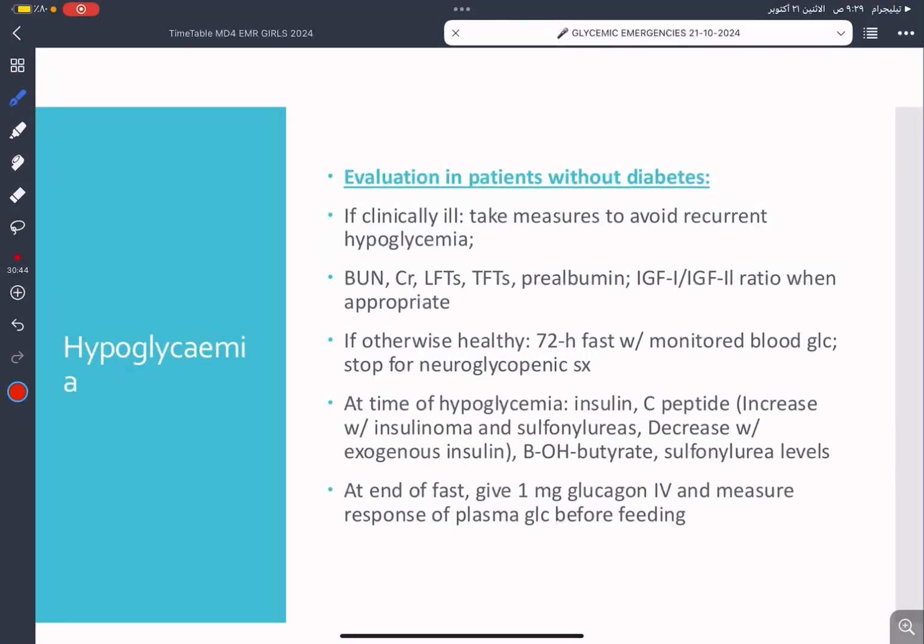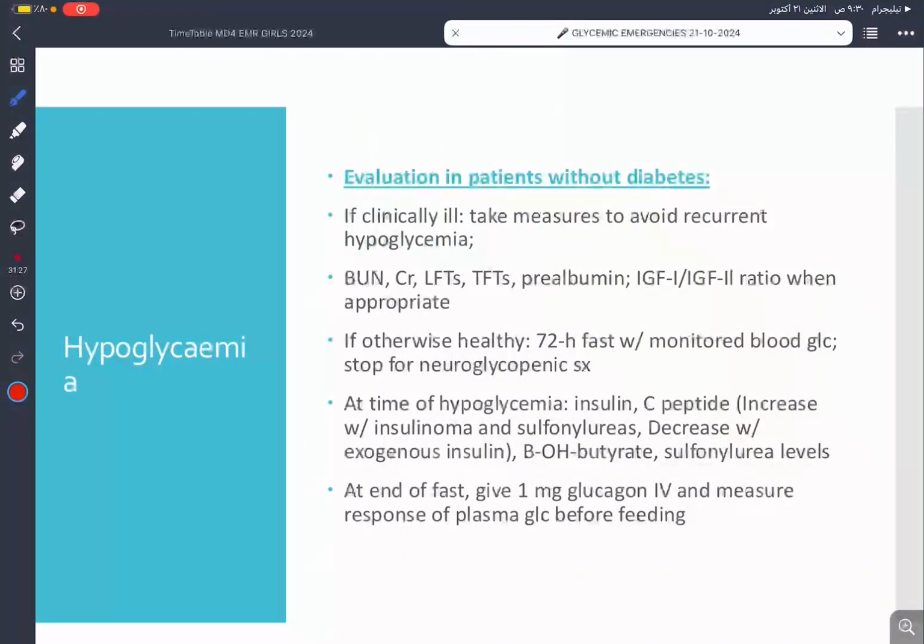If he is conscious, you give him juice, a fluid containing dextrose, or ask him to drink juice or honey. If he is semi-conscious or unconscious, give IV dextrose. If there is no IV access, or you are at home without dextrose, glucagon.